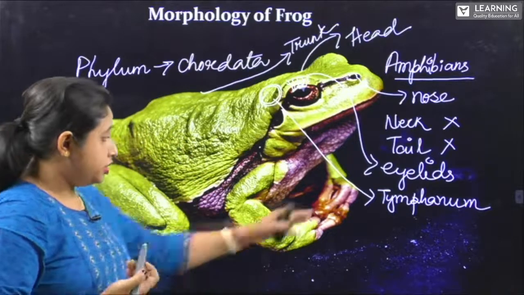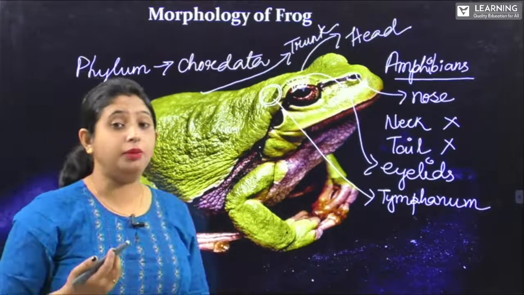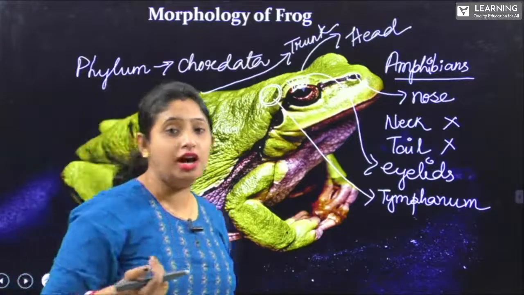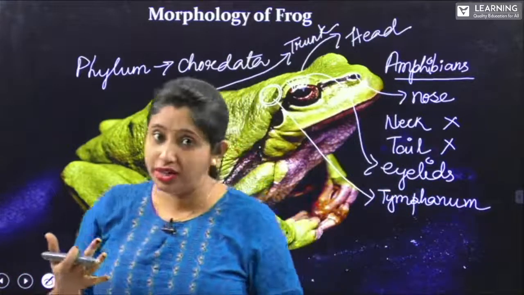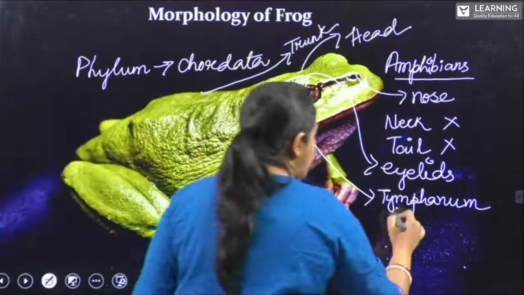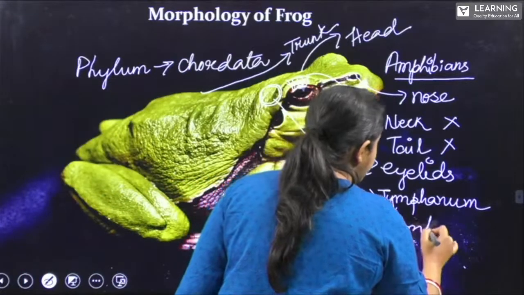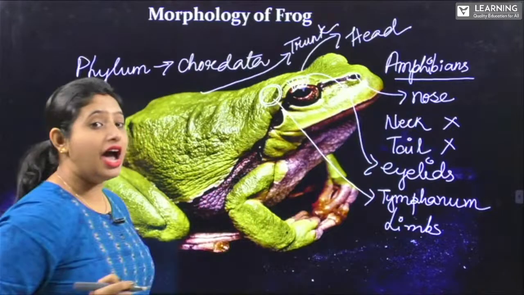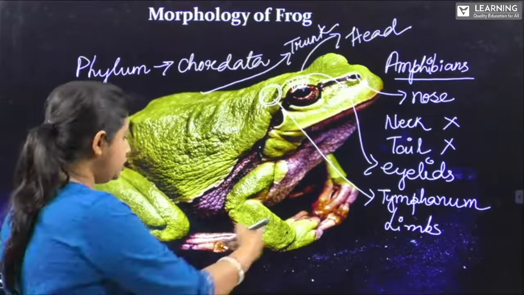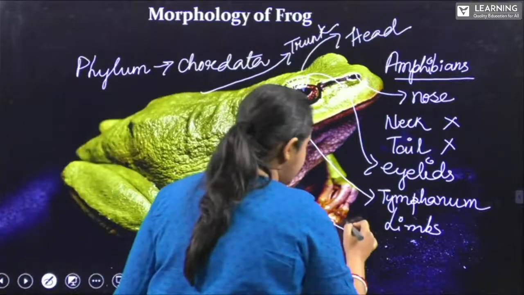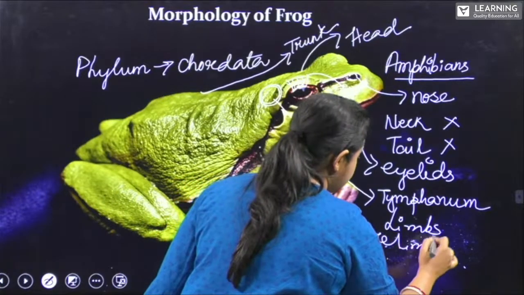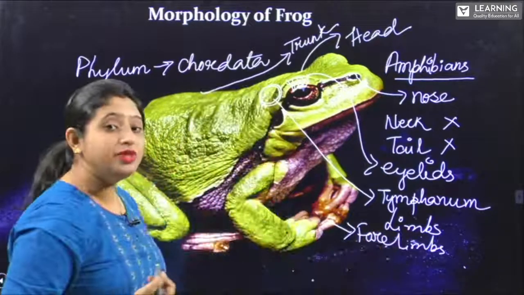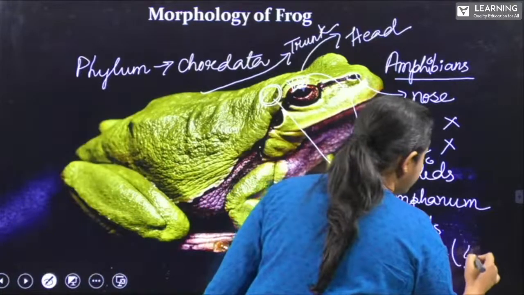Now look into this. The frog has limbs. They do not have hands and legs like us. They have forelimbs and hind limbs. These are the forelimbs which you can see, and forelimbs are 4 in number.